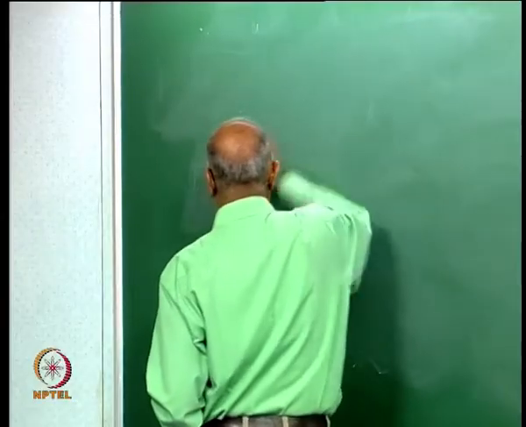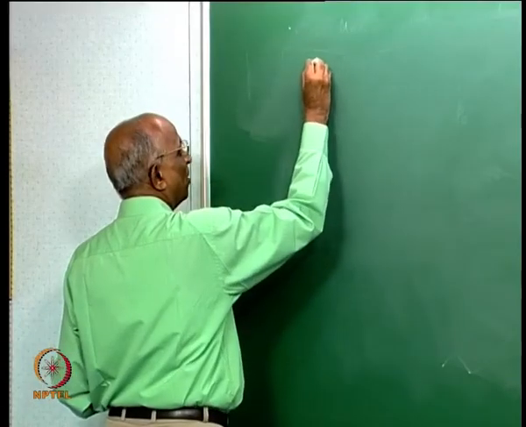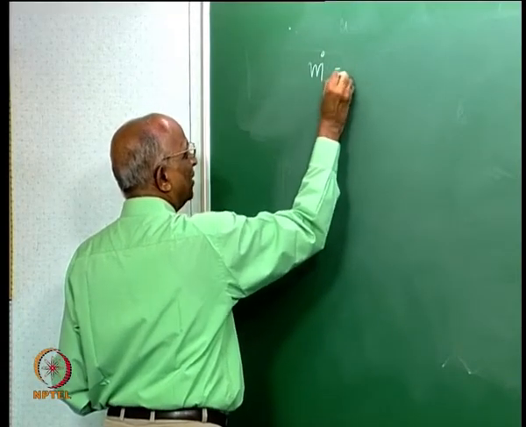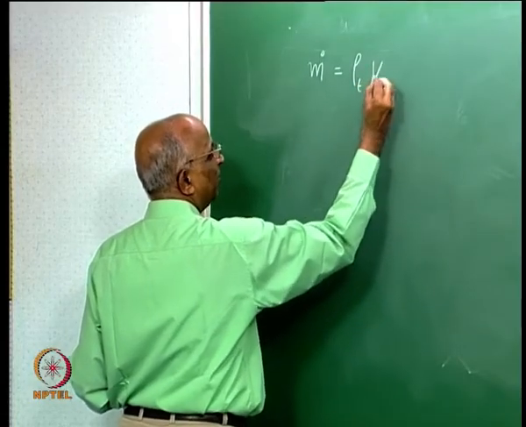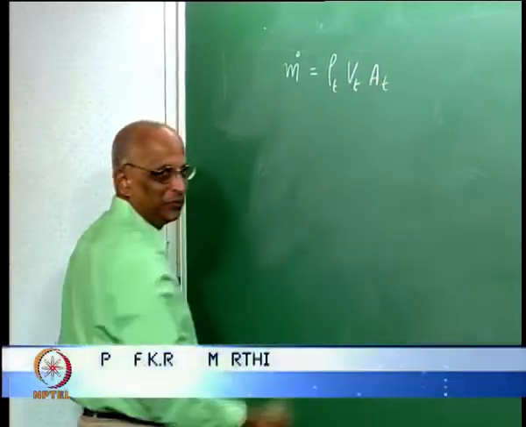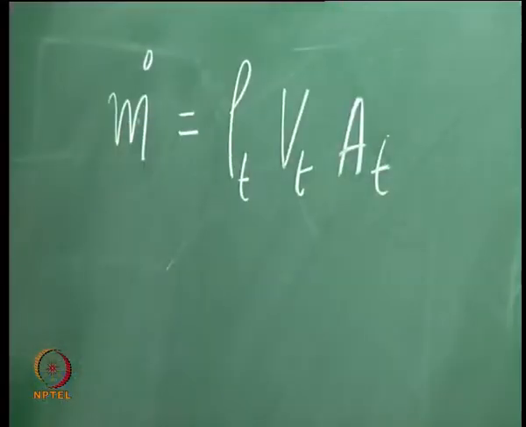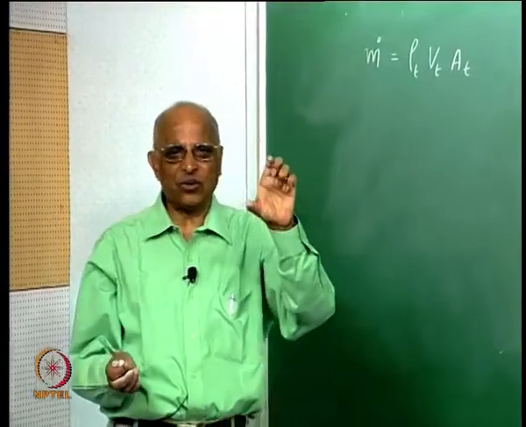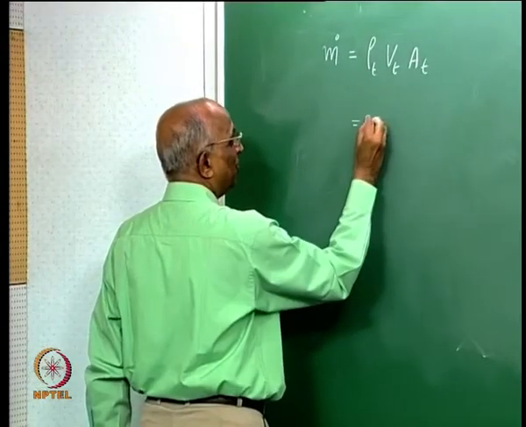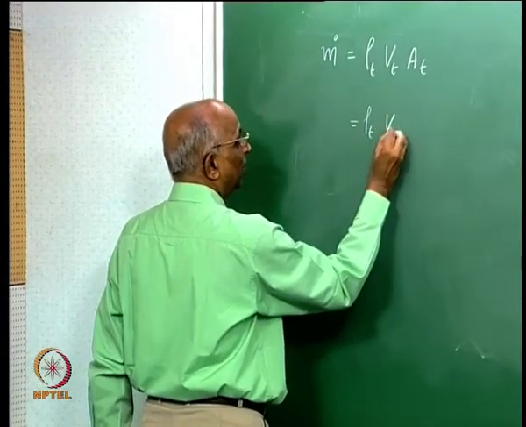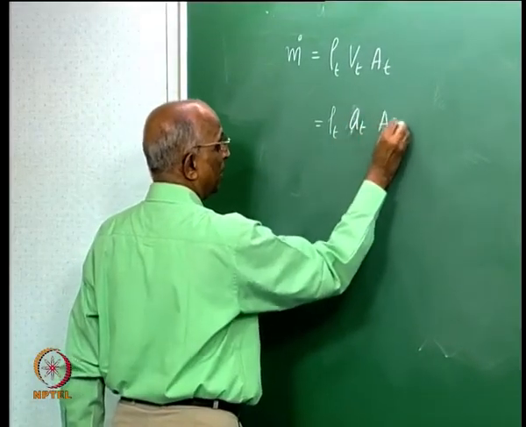Now, I can be a little fast, because we have been doing these things for the last 3 or 4 classes. m dot is equal to rho t Vt into At, and it is better I use the reference as At, because that is very standard, that is the throat. Vt is equal to the sound speed at the throat, into At over here.